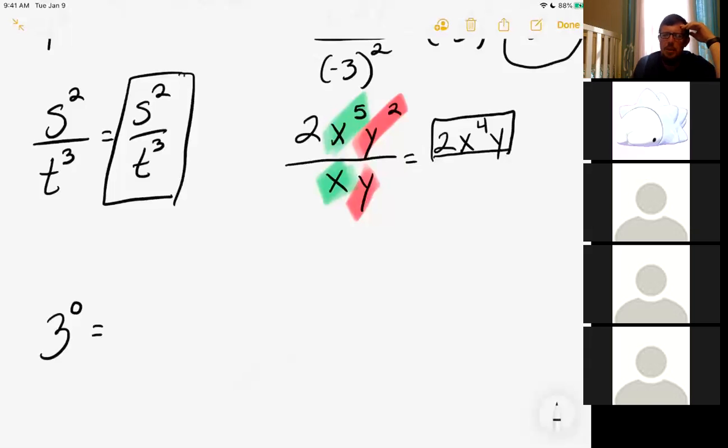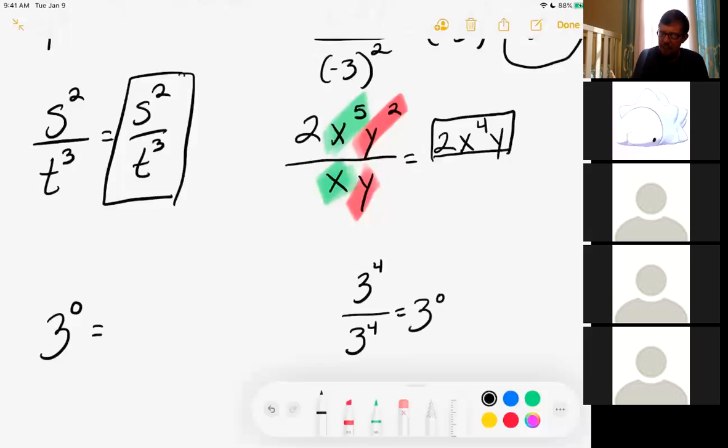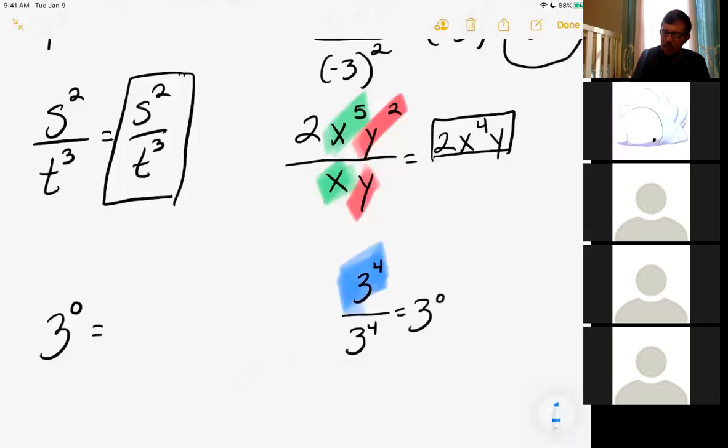How would you get an exponent of 0? That means that whatever was in the top and whatever was in the bottom would have to have the same exponent, so that when I did 4 minus 4, I got 0, right? But what is anything divided by itself? 1. So the answer to this problem is 1.